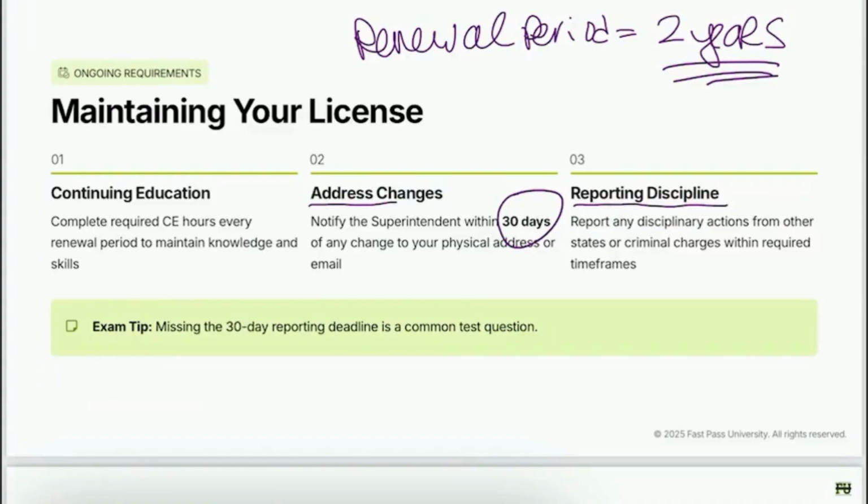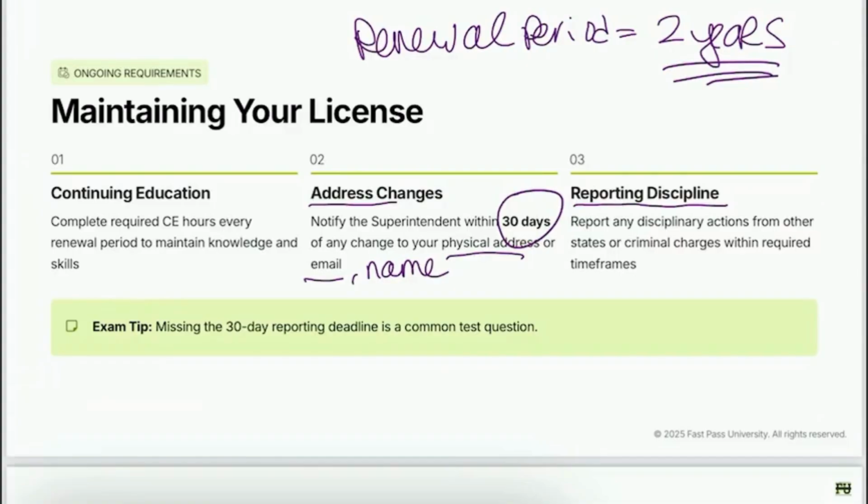So if you got married or divorced or had a name change, you must report that to the Department of Insurance, to the superintendent, within 30 days, as well as any disciplinary actions in which criminal charges are placed against you. You need to let them know within 30 days.